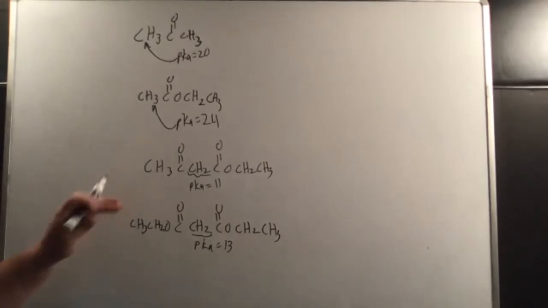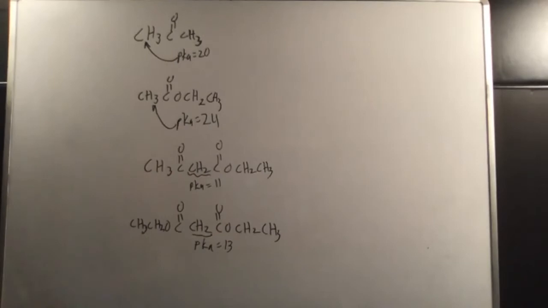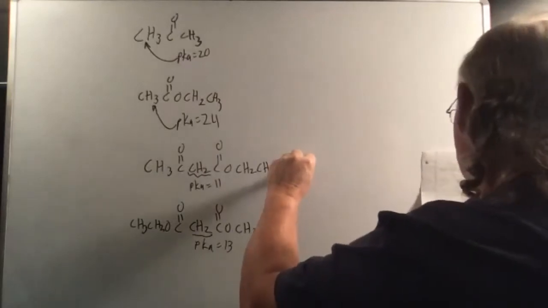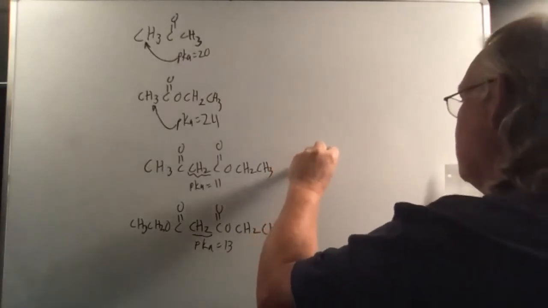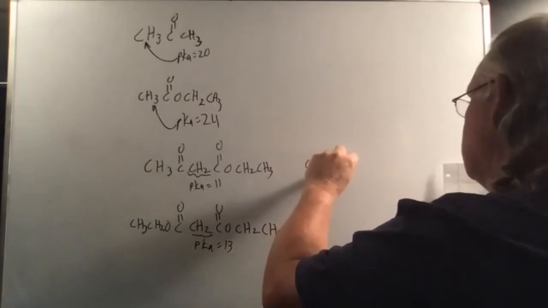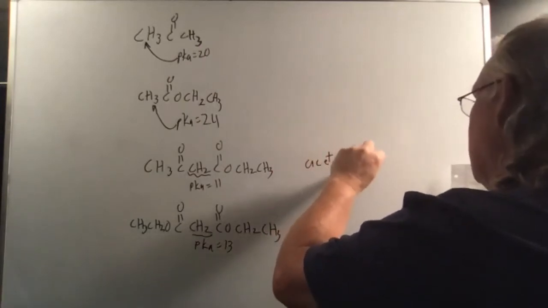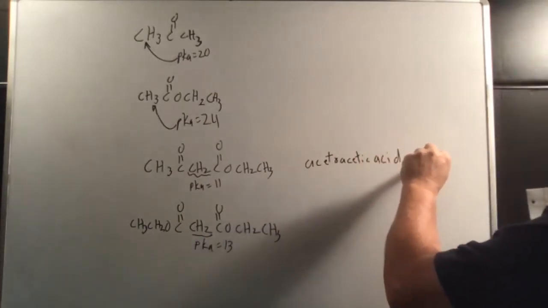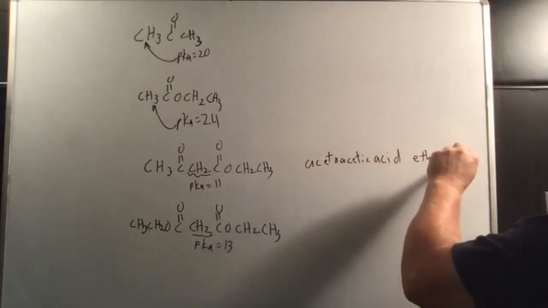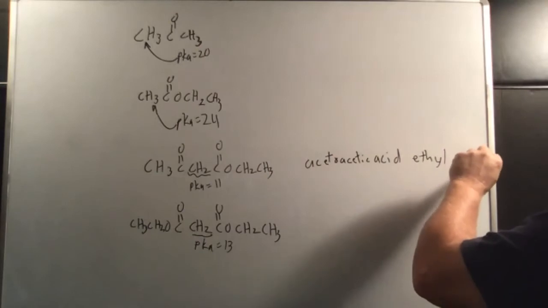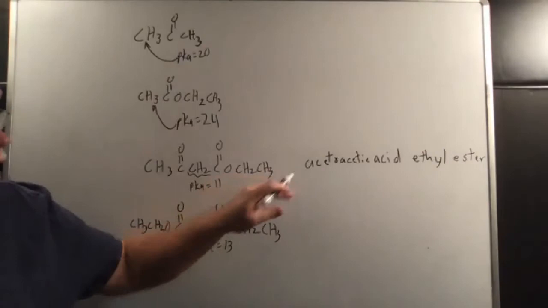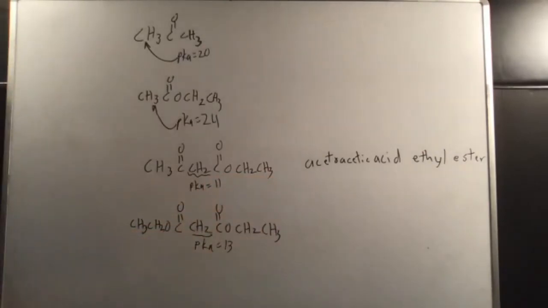Now you need to know the name of this compound. Now the name is actually not correct in my notes. This is called acetoacetic acid, and we need to add the ethyl ester, because notice the ester group over here has an ethyl group on it.